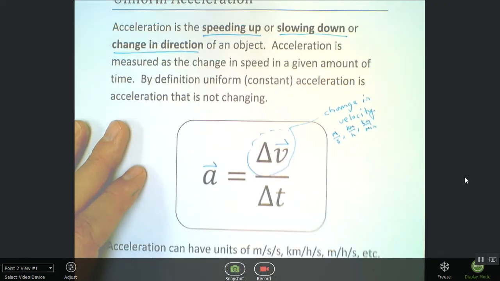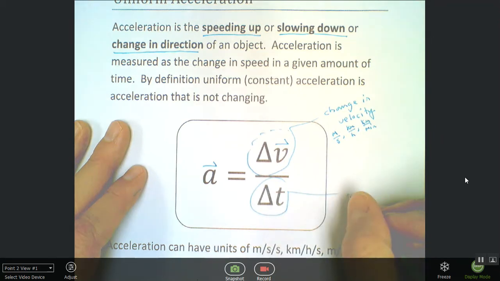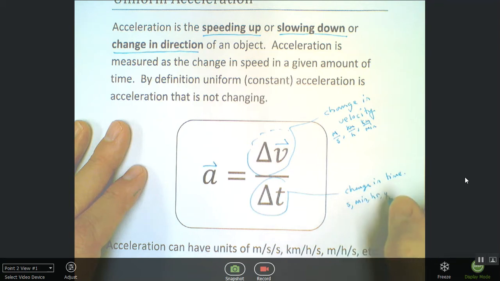In the bottom, we've got the change in time, or the time interval, and that can be in seconds, minutes, hours, years, whatever the case may be. Nanoseconds, doesn't matter. Days, anything.